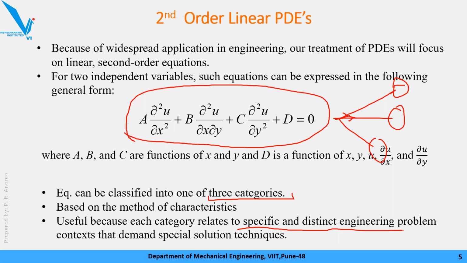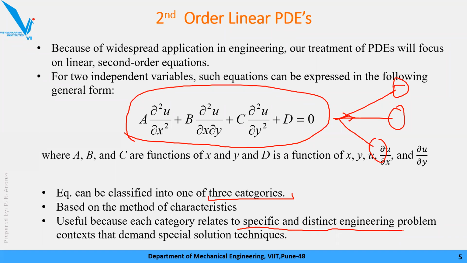So understand this. We are going to have three categories, three types, a classification of this equation into three categories. Based on each category, there is a specific application and a specific method.